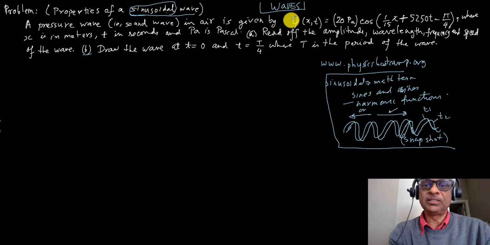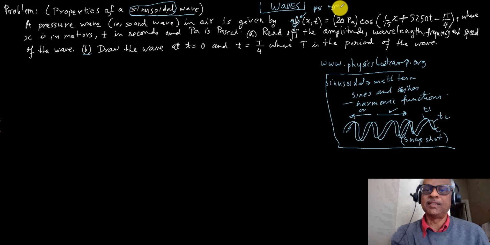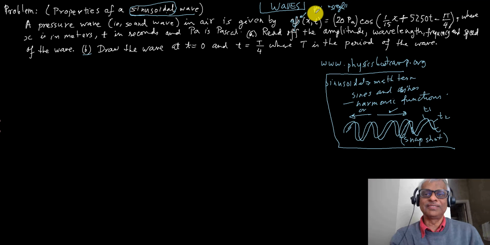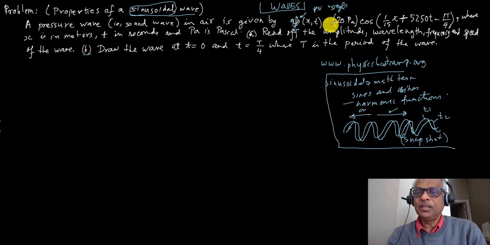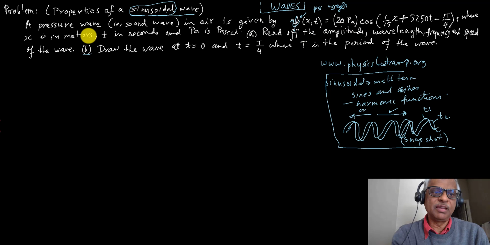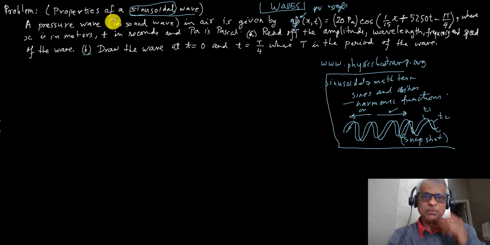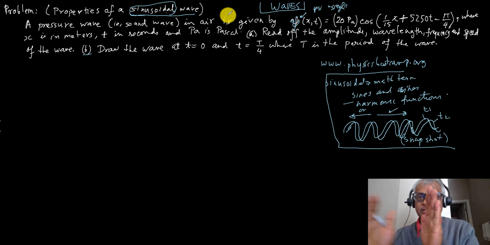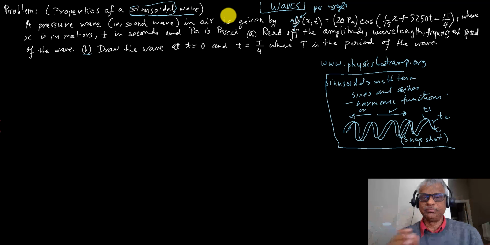Usually I'm going to use the letter psi. Here is, say, a pressure wave, the same as sound waves: sound in air is a pressure that differs by location at a particular instant.